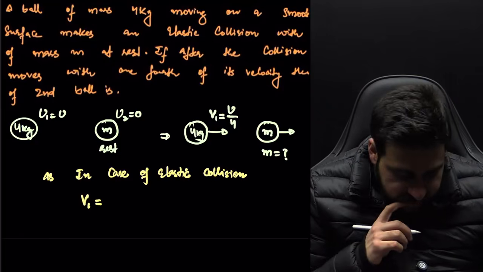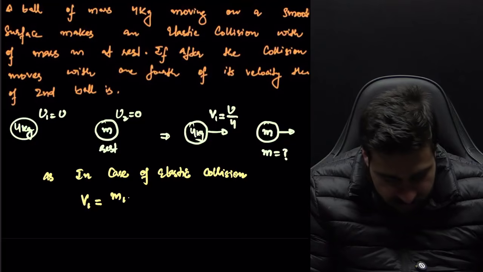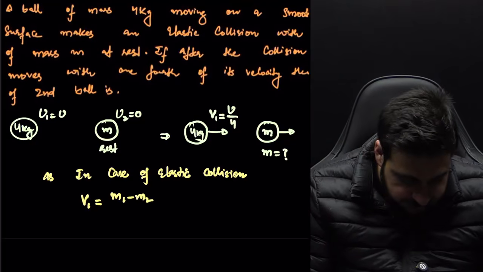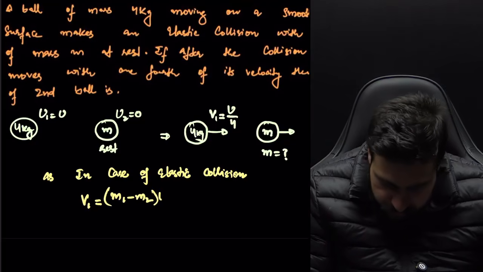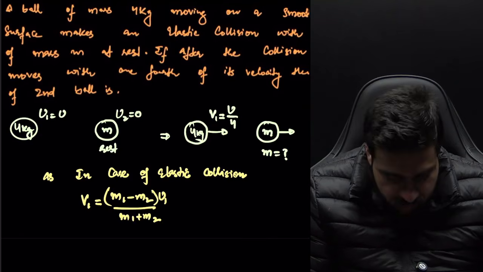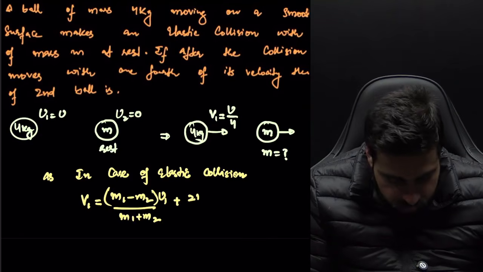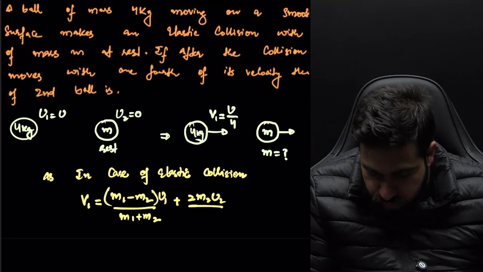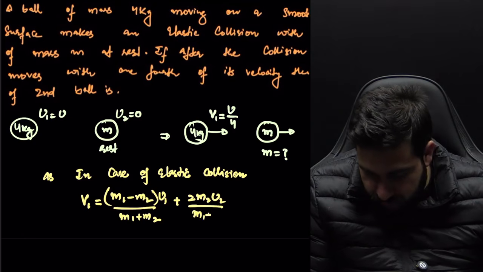Sir, we have studied V1 is (M1 minus M2) into U1 upon (M1 plus M2), plus 2 times M2 U2 upon (M1 plus M2).